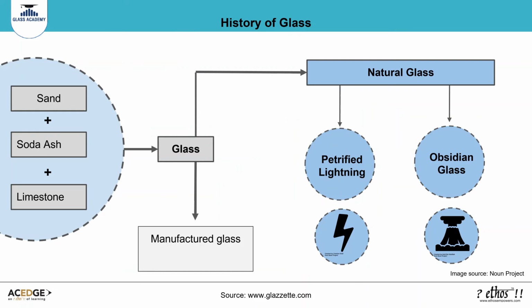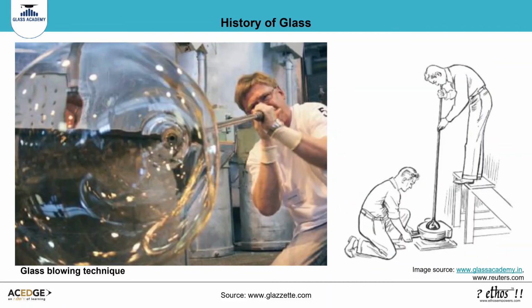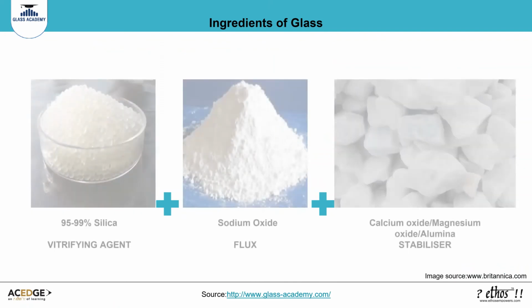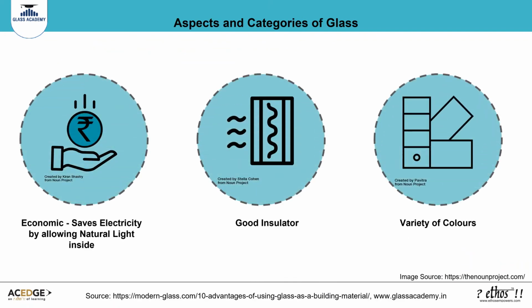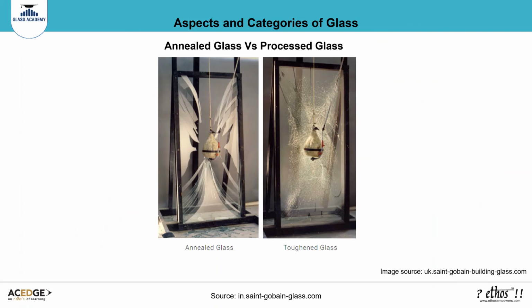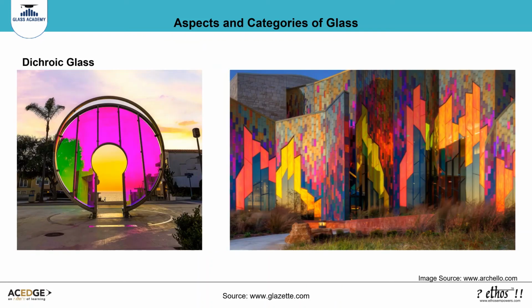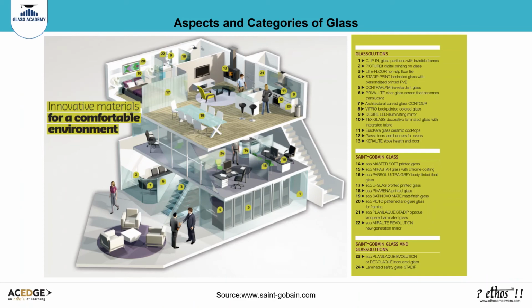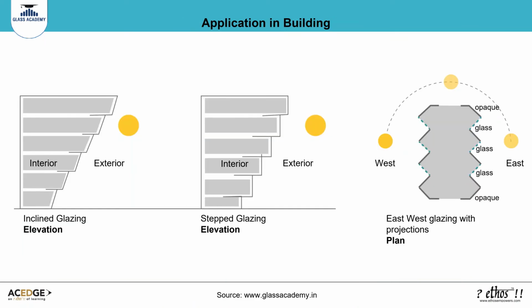To understand what makes glass, we will briefly look at the history of glass and how older techniques of glass manufacturing came about, the components of glass, the various aspects and types of glass, the new innovations in glass, the ones that help survive disasters, the kind that reflects one color but transmits another, and the overall range of glass solutions for different purposes.